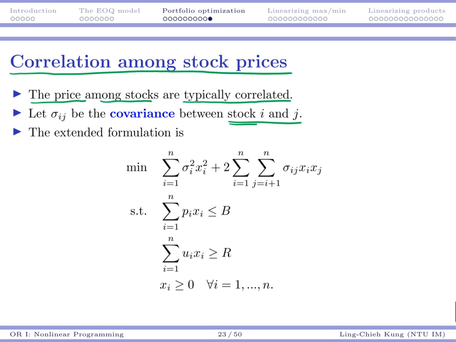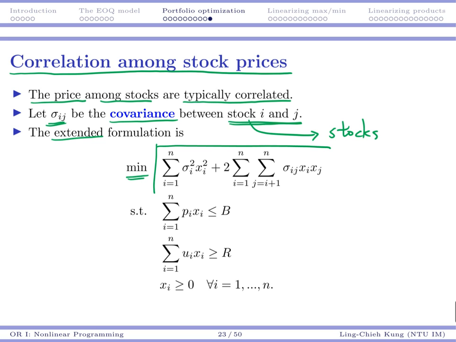So for stocks I and J, we may have sigma ij as their covariance. With that covariance, now we are able to do some more detailed formulations. Our extended formulation, people suggest, is to minimize the total risk.